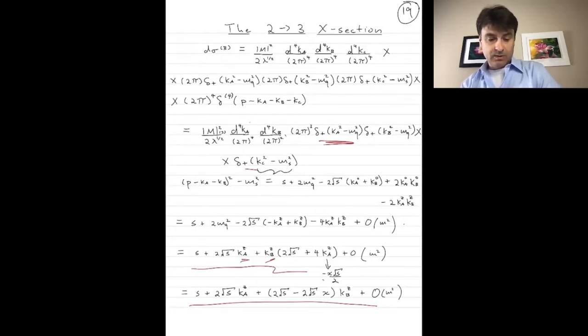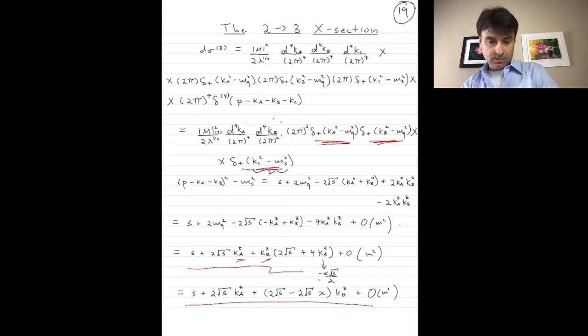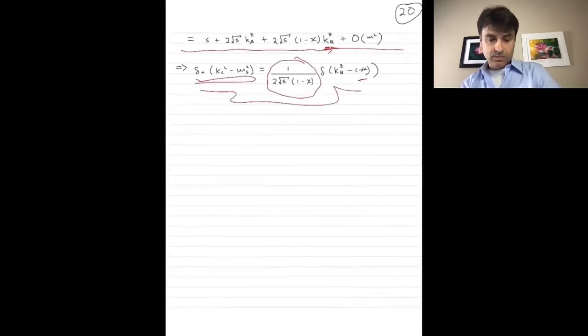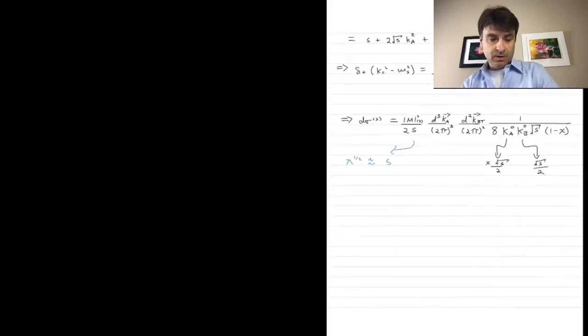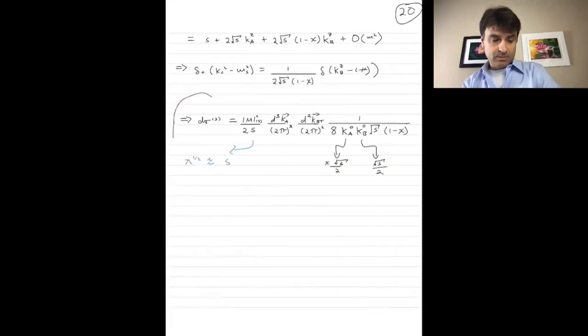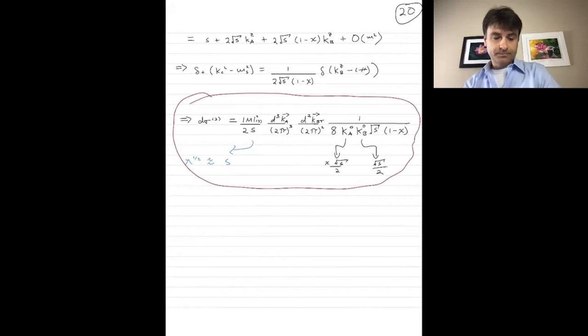I can evaluate this delta function using the Kb0 integration. And I can evaluate this delta function using the Kbz integration following this re-expression of the delta function. And the result is what I get here.